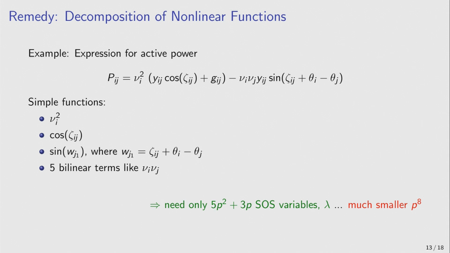That's typically much, much smaller, even if n is not very large. For p equals 1, this is smaller than this, and I think already for p equals 2, this is smaller than the other one. I haven't checked that.